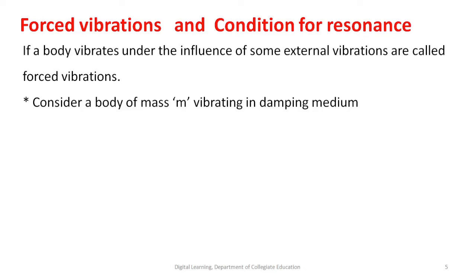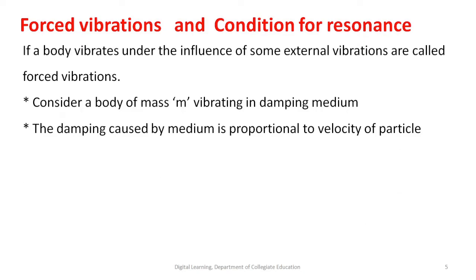Consider a body of mass m vibrating in a damping medium. Damping caused by the medium is directly proportional to the velocity of the particle. We know from the previous session that damping means the decrease in the amplitude of the wave due to opposition, like air resistance.